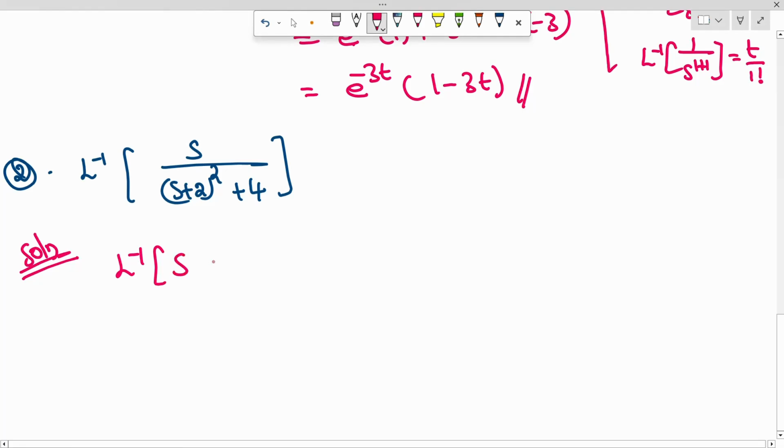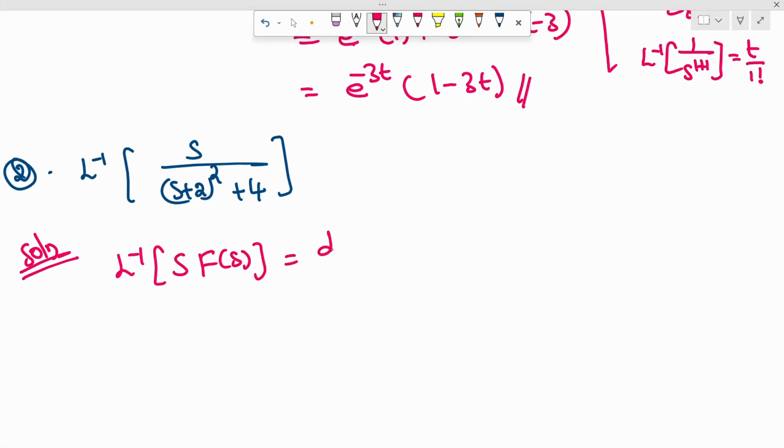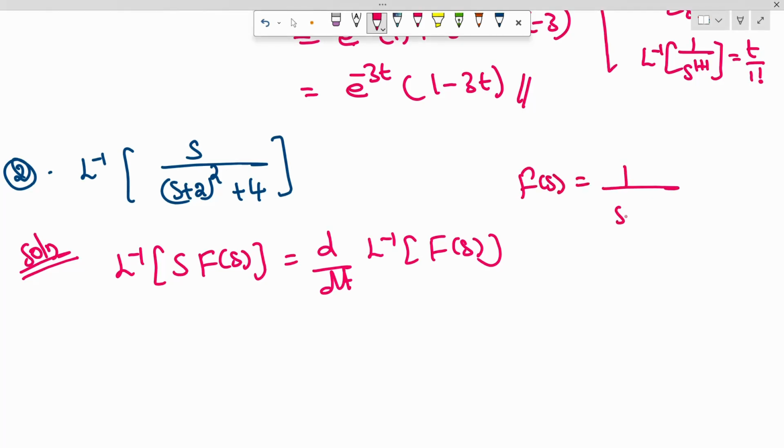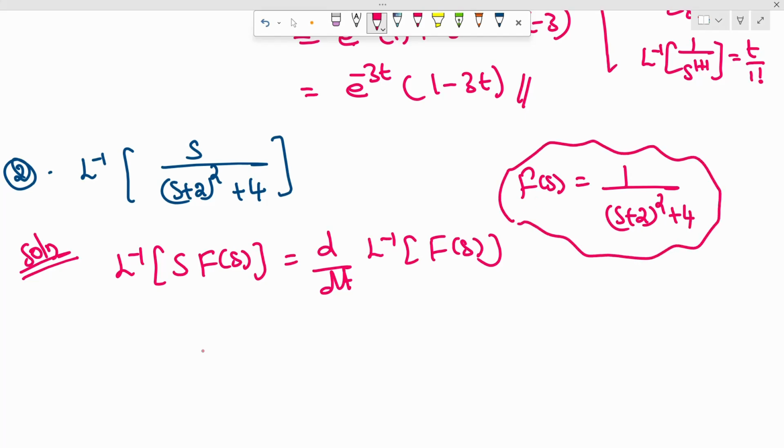L inverse of s into f of s is d by dt of L inverse of f of s. What is f of s here? f of s is 1 by (s plus 2) whole square plus 4. This is our given f of s.